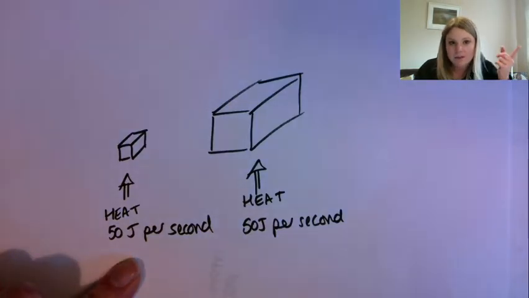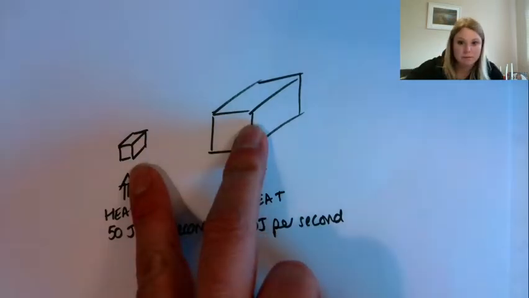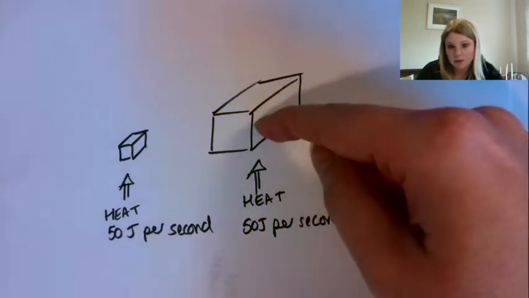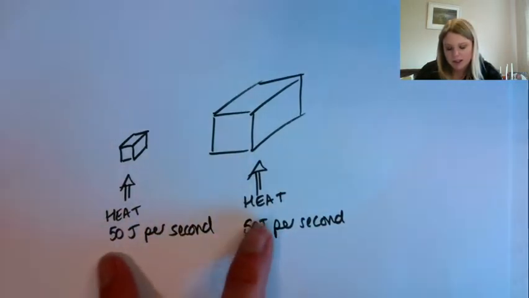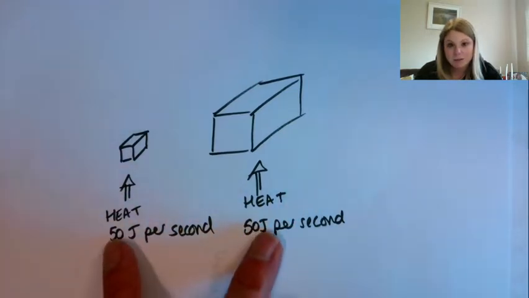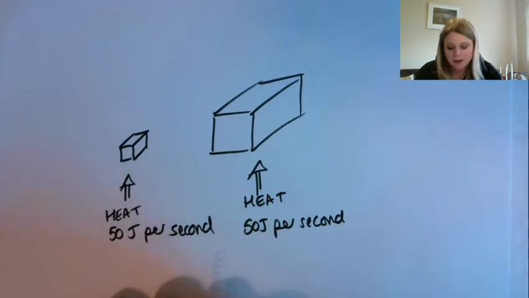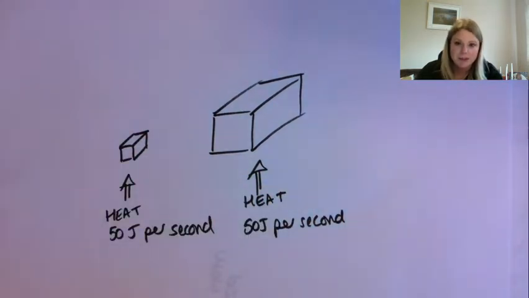So if we have two different objects, just two blocks of metal, say, the same material, everything the same apart from their size. So this one's obviously much, much bigger. Say we had a heat source like a Bunsen burner, and we supplied the same amount of heat energy to both of these blocks of metal, then the two blocks are going to heat up by different amounts.